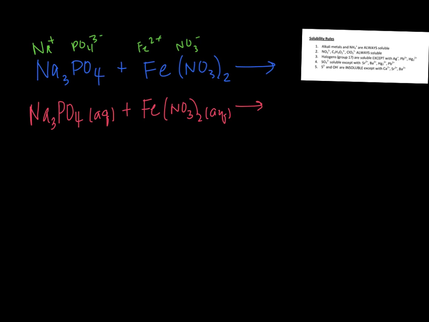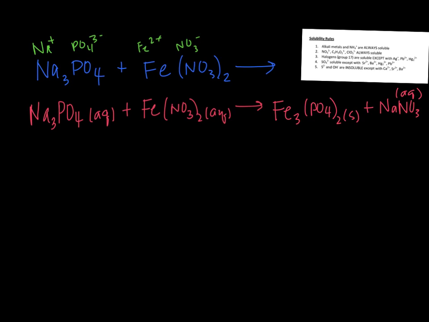And so then I get iron 2 phosphate. So remember, iron has a 2+ charge in this compound, and phosphate's -3, so we have to do a little crisscross. So we get Fe3(PO4)2, and that's going to be a solid. And then we get sodium nitrate, and that's aqueous.